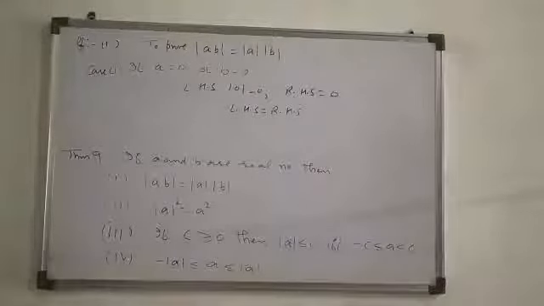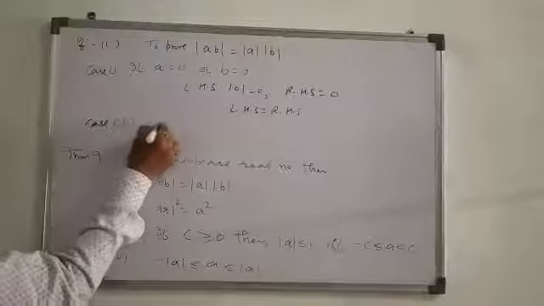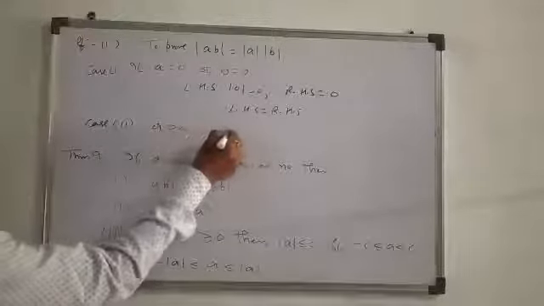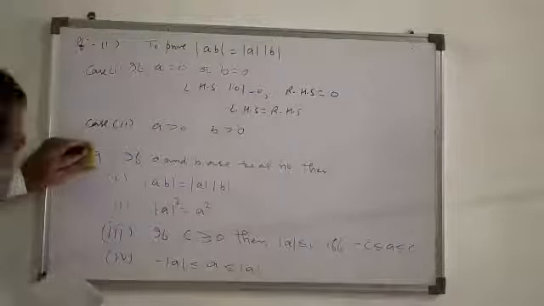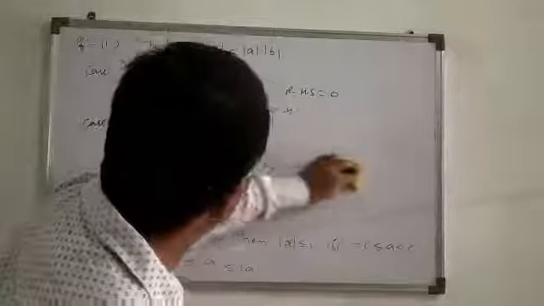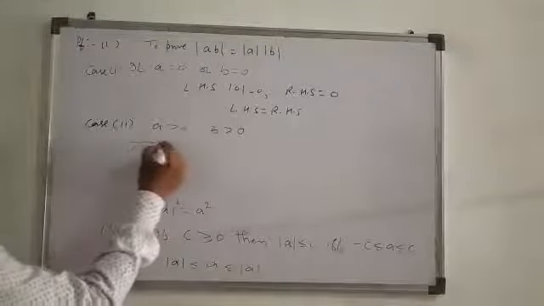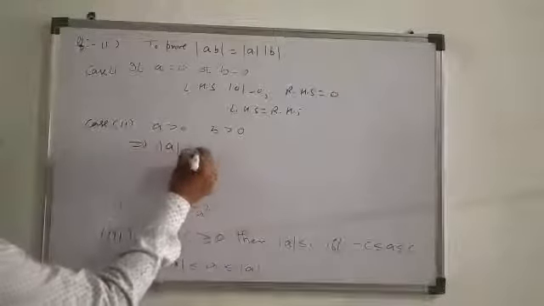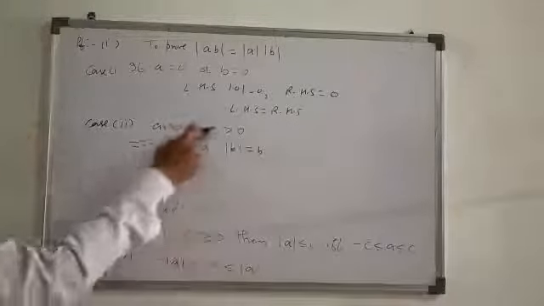Case 2. If a and b are positive, it implies mod of a is a, mod of b is b. Also, a and b are positive.